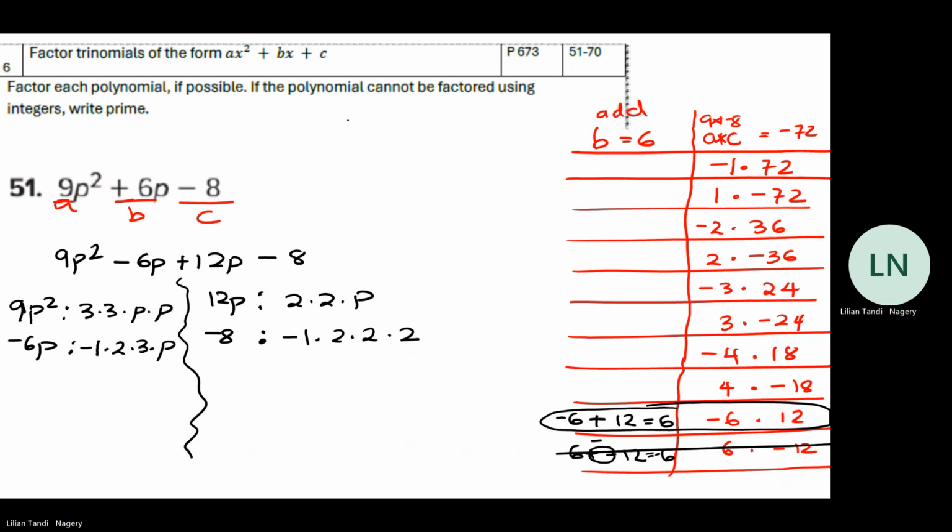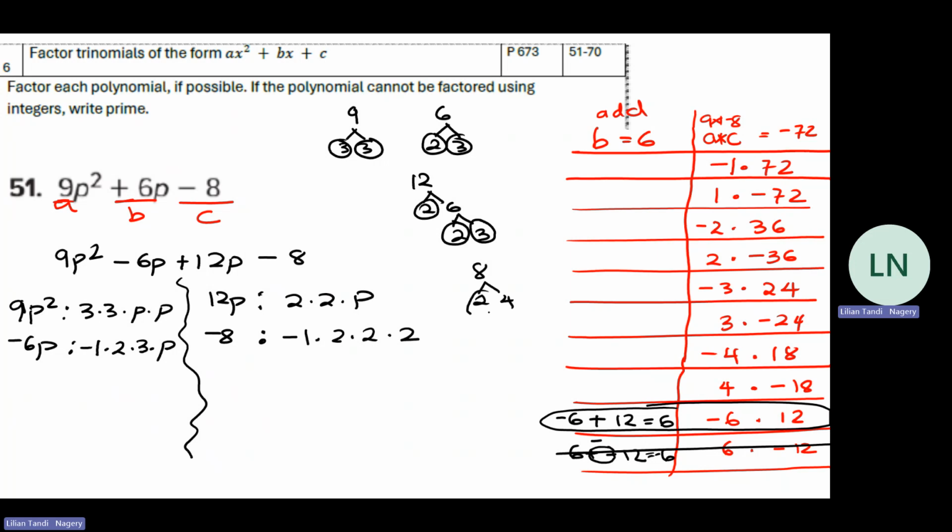Okay? And you should know that 9 is 3 times 3. 6 is 2 times 3. 12 is 2 times 6. Break down 6, 2 times 3. And 8 should be 2 times 4.